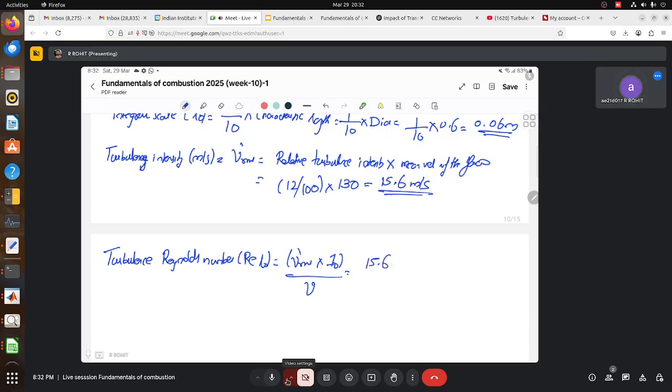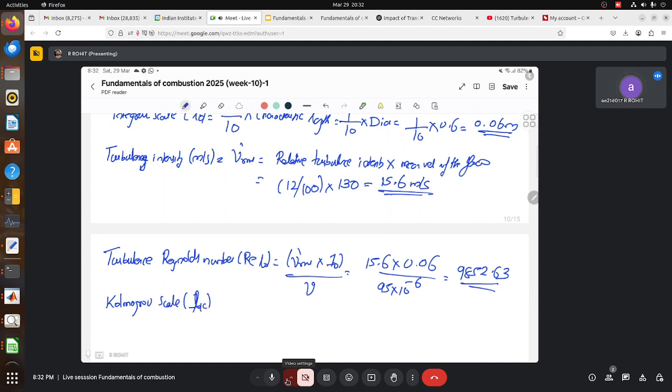Vrms is 15.6 that we got, L0 is 0.06, by mu, which is 95 into 10 to the minus 6. So if you substitute here, you will get 9852.63 as your value.